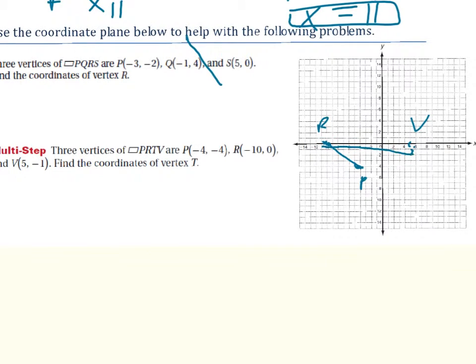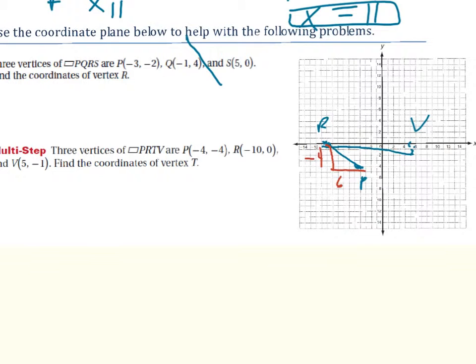coordinate T. Okay, well, here's the thing about parallelograms. They're parallel sides. So this is where slope comes in. Because the sides are parallel, they should have the same slope. So if I find the slope of RT from R to P, then I can recreate that slope from point V to point T. So if I'm starting at -10, then that means I'm going down 4 and to the right 1, 2, 3, 4, 5, 6.